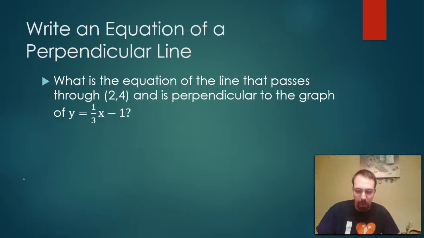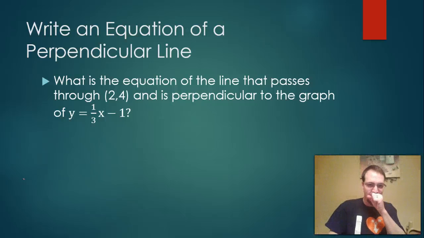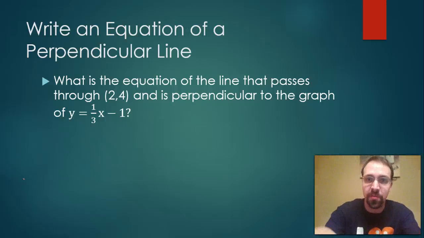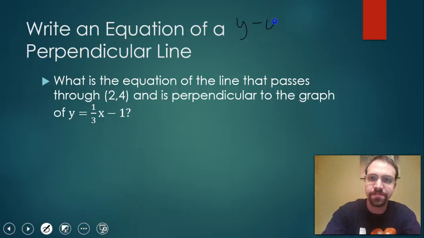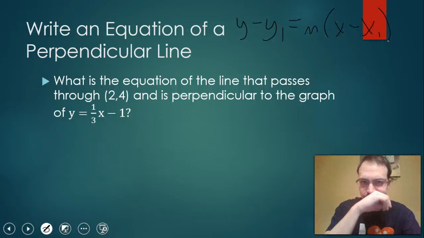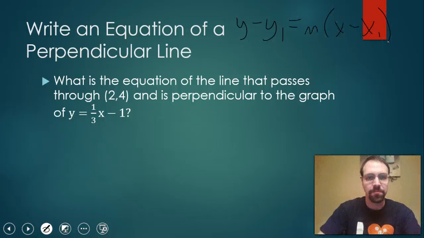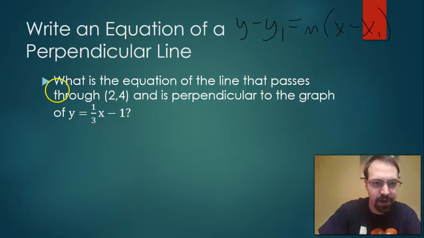Got my popcorn. Yum. All right. So we're going to use this formula. y minus y1 equals m times x minus x1. So first thing we need to do is we're talking about the slope. The slope here is 1/3.